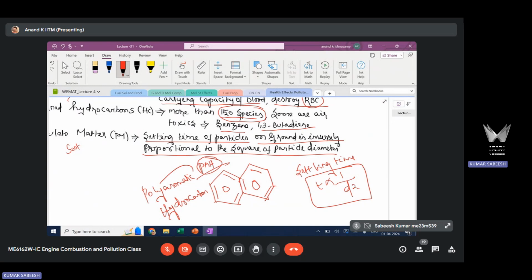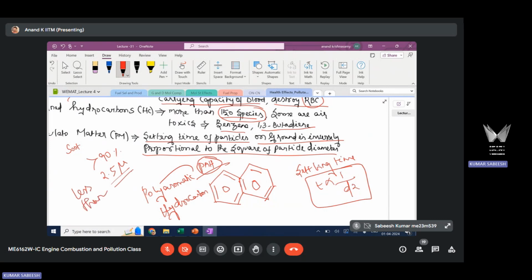Exactly. Unfortunately, more than 90% of diesel particulates have a particle size less than 2.5 micron, 10 to the minus 6 meter.